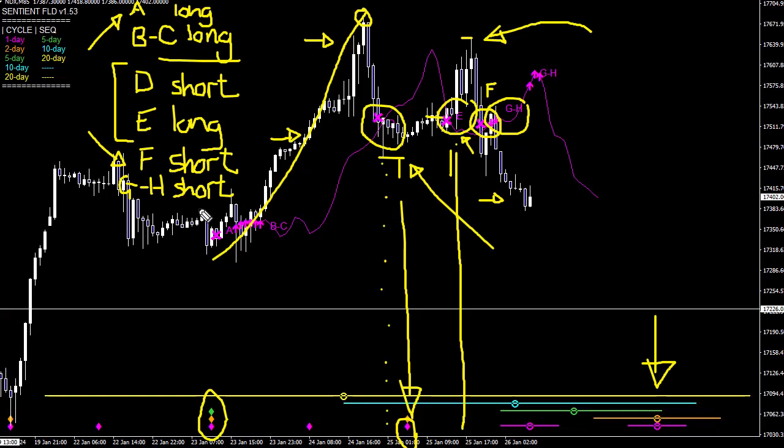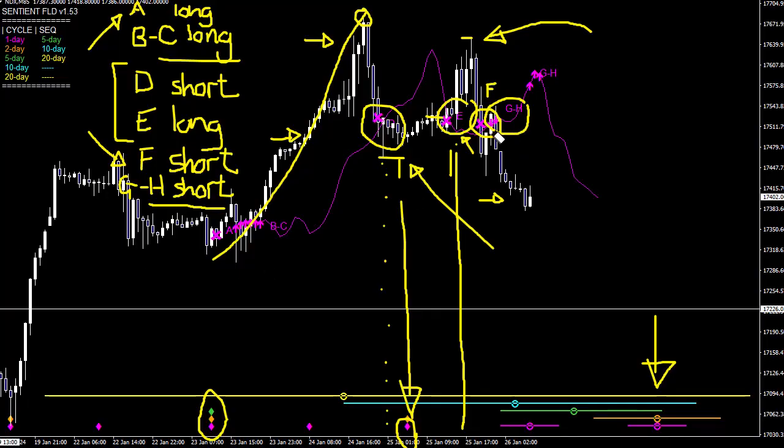They catch that move back up to the FLD. But certainly initially, you're going to be trading the H category short trade for this final move down into the next sequence cycle trough. Now, the reason I recommend that you focus on the F category short trade as opposed to the H category short trade, for instance, is because very often the F category short trade morphs, if you like, into an H category short trade.